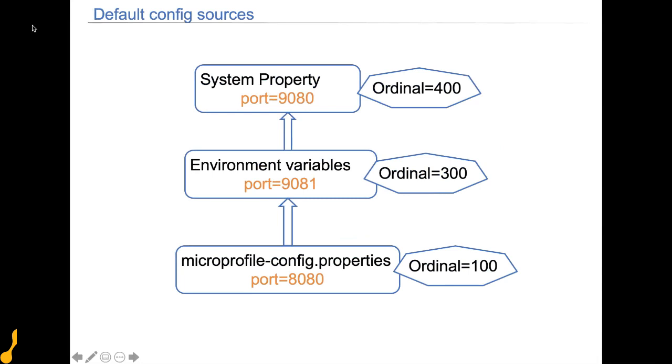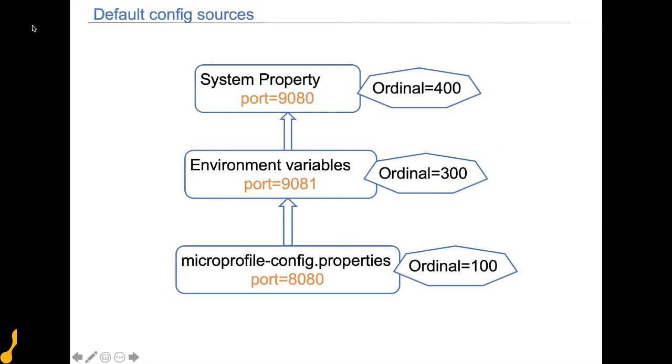and also system properties. These config sources are layered. Why I say they are layered is because we associate a priority with each config source. We call this priority the ordinal. So microprofile-config.properties has ordinal 100.